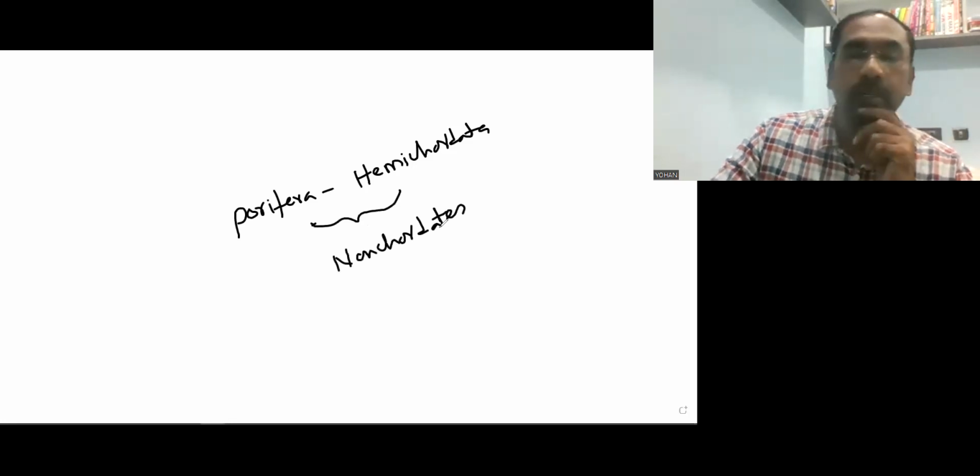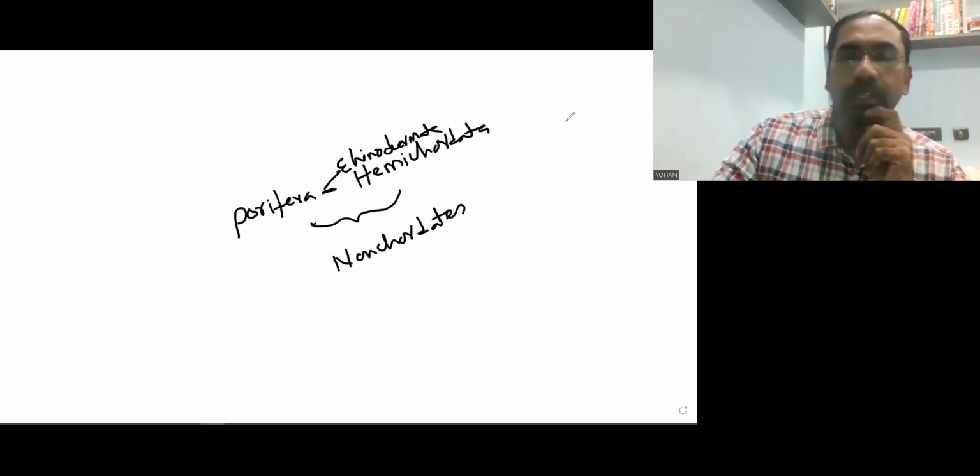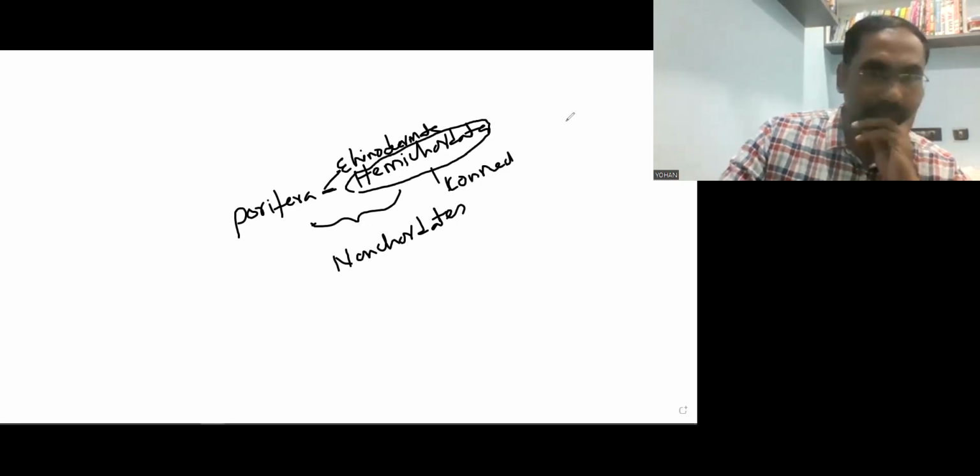Some consider Porifera to Echinodermata as non-chordates, and Hemichordata is a connecting link between chordates and non-chordates.